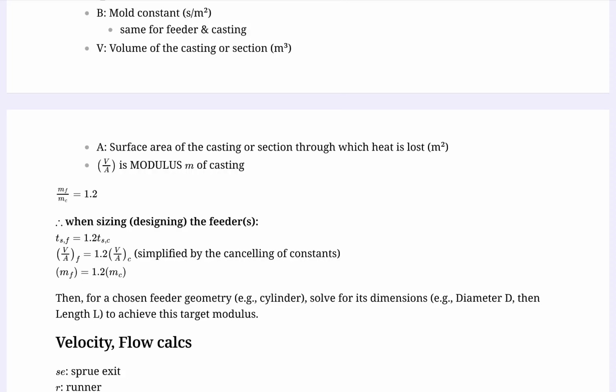So like I said, these are our relations. And you know that for a cylinder, you have the cylinder formula for area and volume. And then you literally just sub in, you plug and play until you can calculate the unknown.